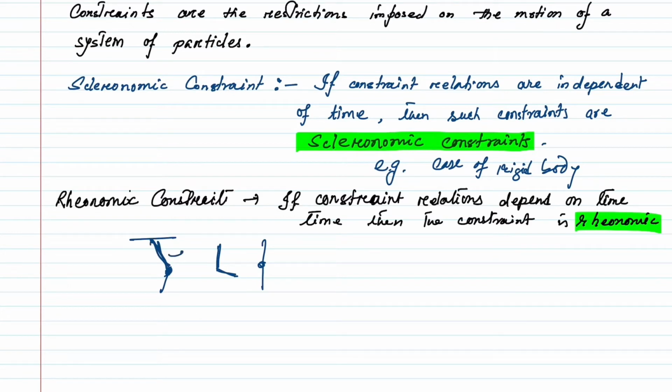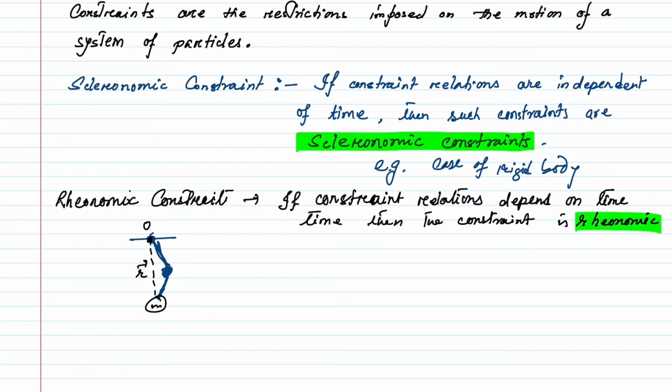This rod can oscillate about this point where they are joined with each other. Suppose here is the mass of this pendulum. Now you see, this position with respect to the origin O will change with time.